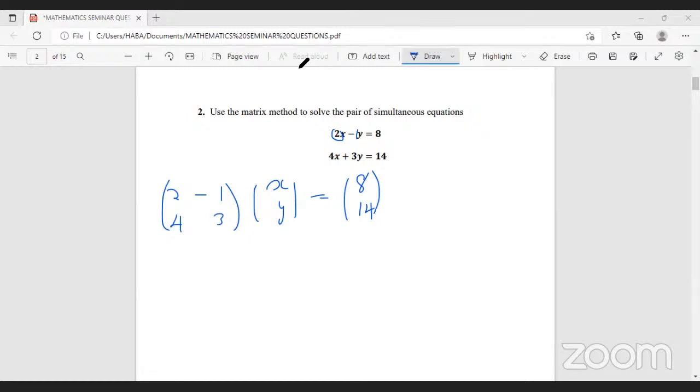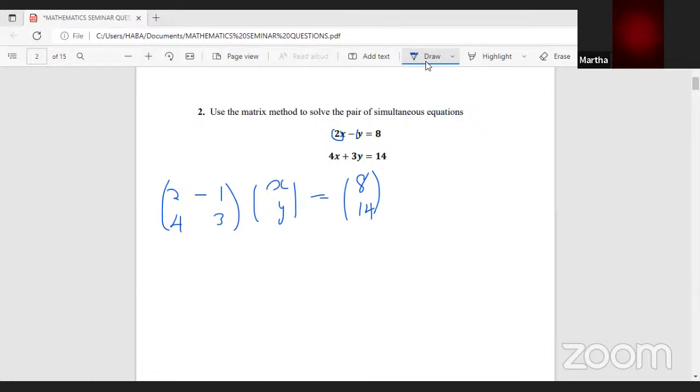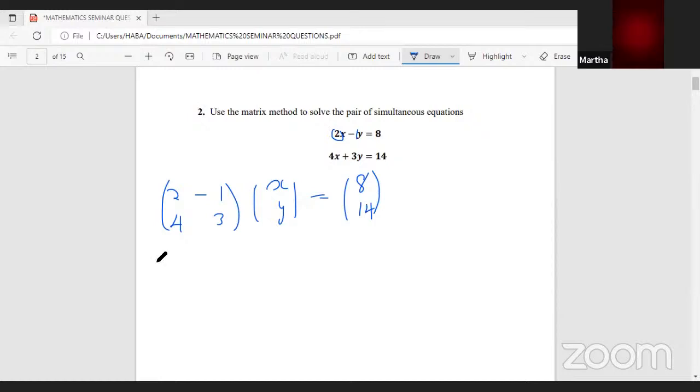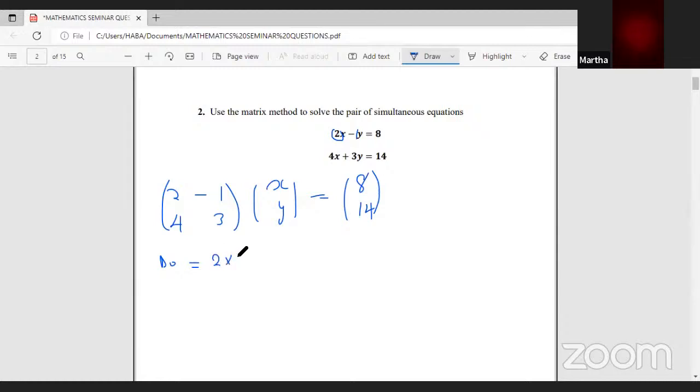I'm going to help you with the writing. Using the determinant method, we shall first of all get determinant D0. Determinant D0 will be equal to 2 times, we first open the brackets, 2 times 3 minus 4 times -1.